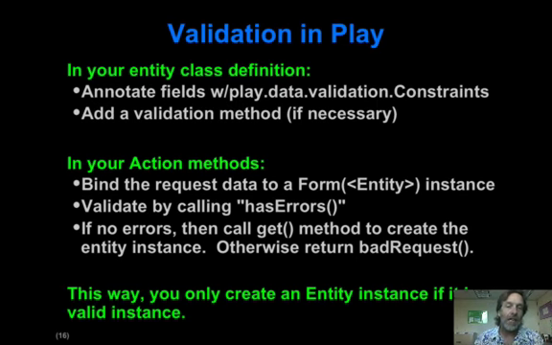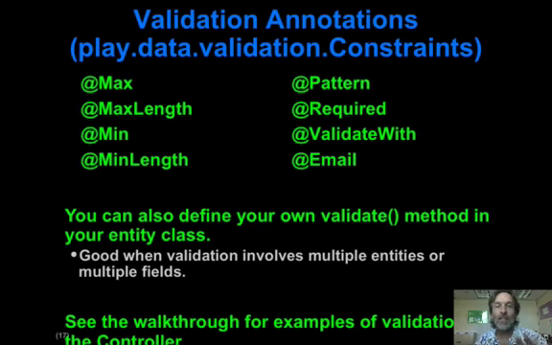So we have this kind of process which at least takes care of the entity level validation prior to the actual creation of an entity instance. And that's kind of nice, because you really don't want entity instances sitting out there in your program that aren't valid, that are semantically bogus.